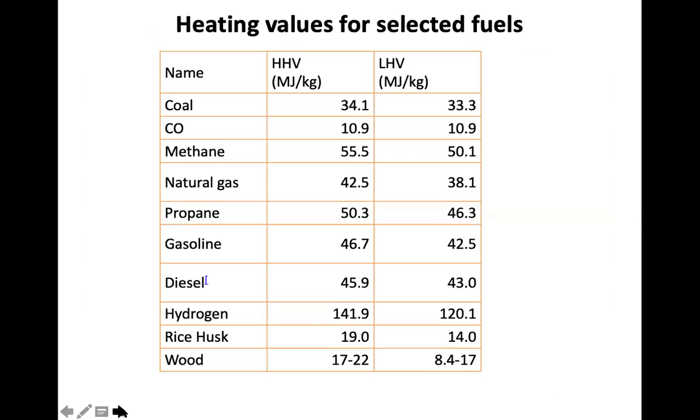So, heating values for selected fuels, for example: coal heating value is like 34, carbon monoxide 10.9, methane 55, natural gas 42, because natural gas is not pure methane; it contains some other things. Propane 50, gasoline 46, diesel 45, hydrogen 141, rice husk 19, wood 17.